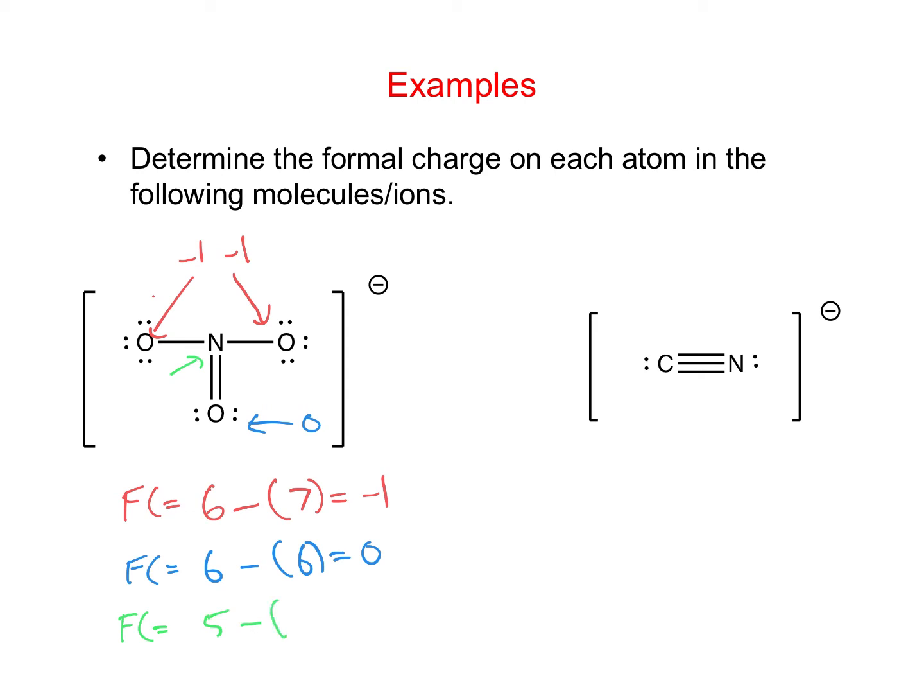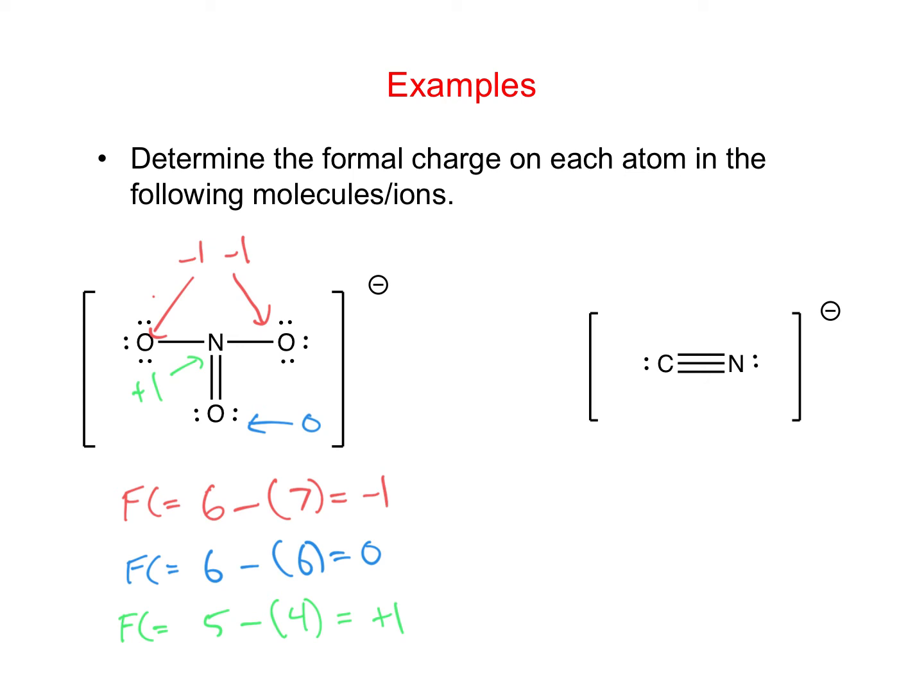Now there are no balls and 4 sticks. So that gives us a positive 1 for the formal charge on that nitrogen. And if we check, right, so I have 2 negative 1s, a positive 1, and a 0, and so when I add up those formal charges, I get negative 1, and in fact, the formal charge on a nitrate ion is negative 1, so that check worked out.